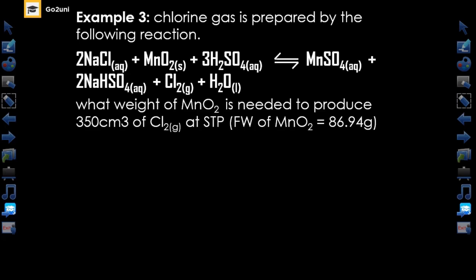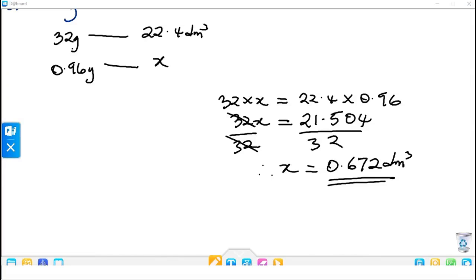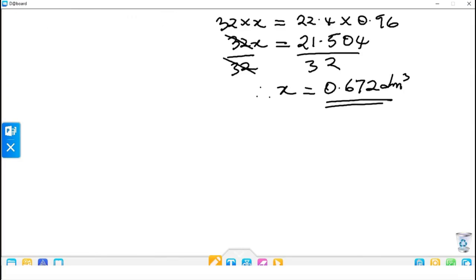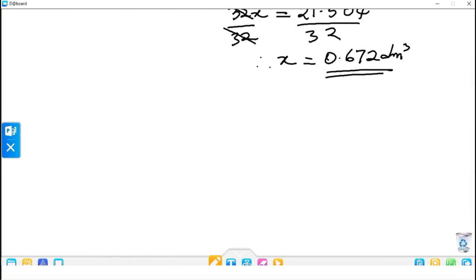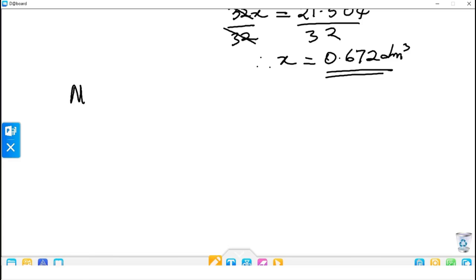So let us proceed. From the equation, we are interested in MnO2 and chlorine.